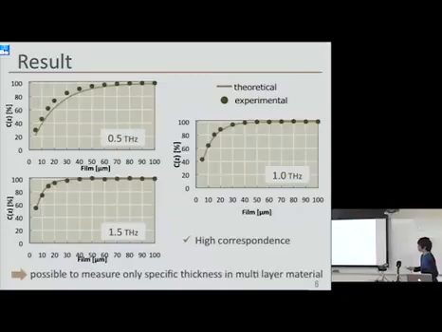For example, if I want to measure a 40 micrometer thickness material, at 0.5 terahertz the contribution rate is about 19%, so the other part contains other information over the 40 micrometers. At 1.0 terahertz, the contribution rate is almost 100%, so we can measure only the 40 micrometer thickness material.